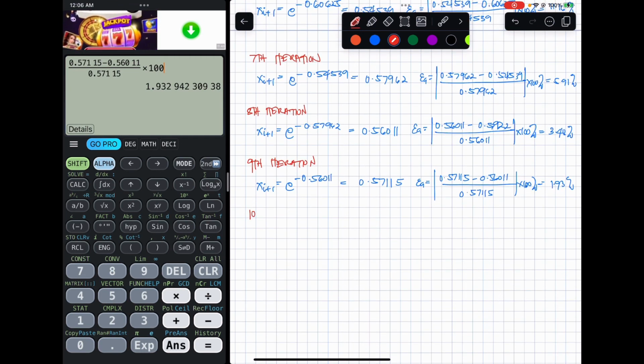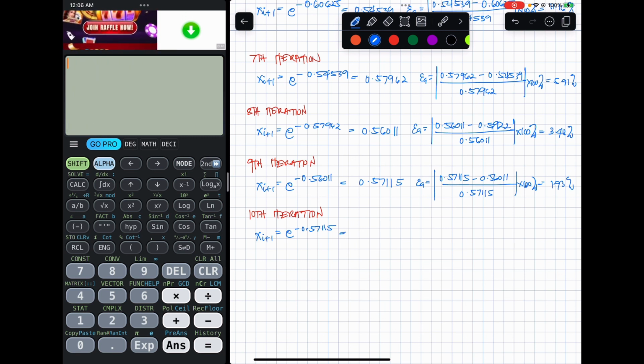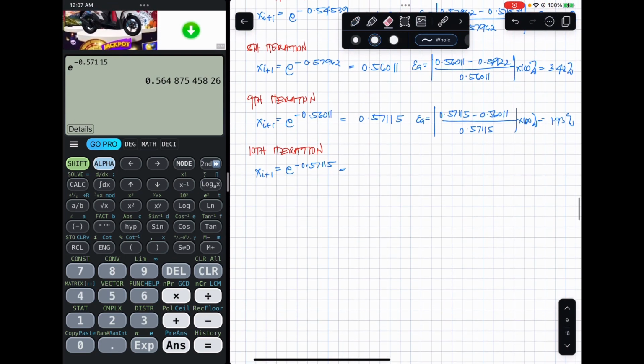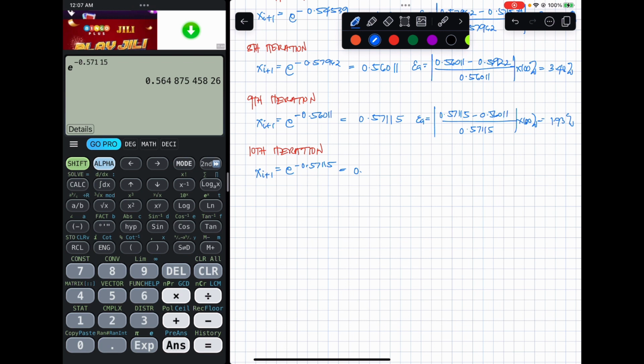And for the 10th iteration, x sub i plus 1 is equal to e raised to negative 0.57115, so it's 0.56488.